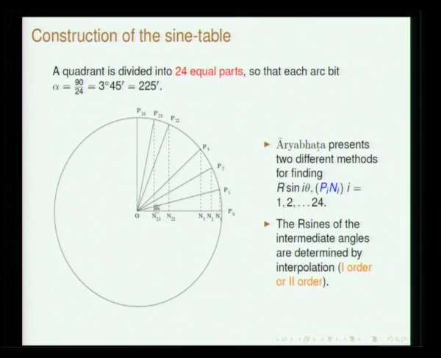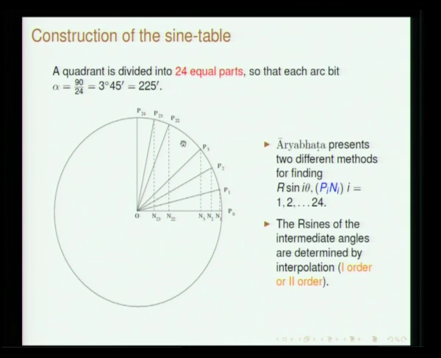P2 O N2 is the angle and the sine is P2 N2. These are referred to as jyas, and we denote them as R sine of i times theta. Theta is 90 by 24, which is 3 degrees 45 minutes, that is 225 minutes, clear.